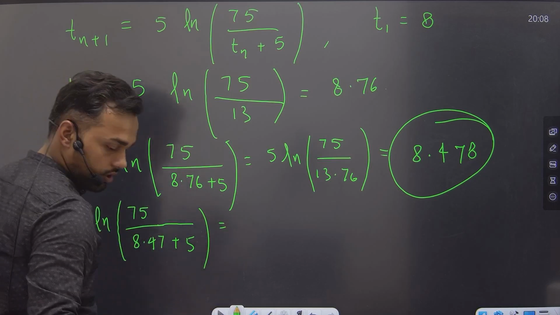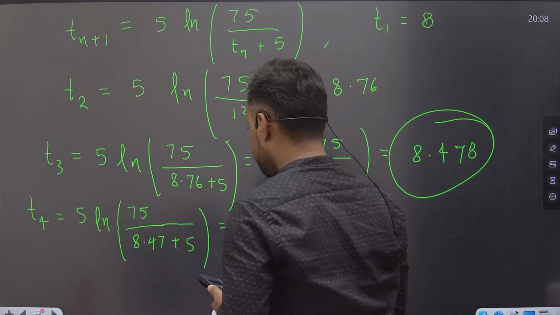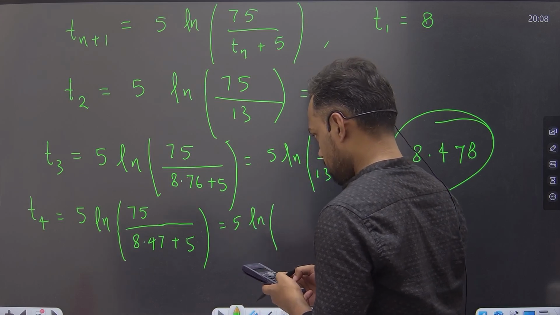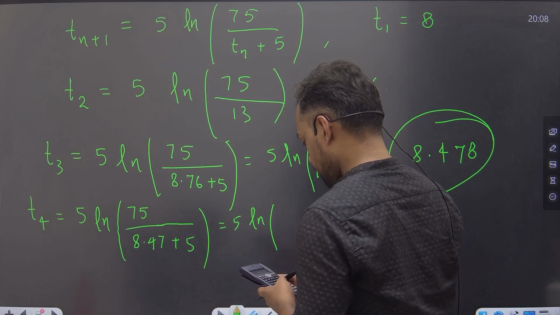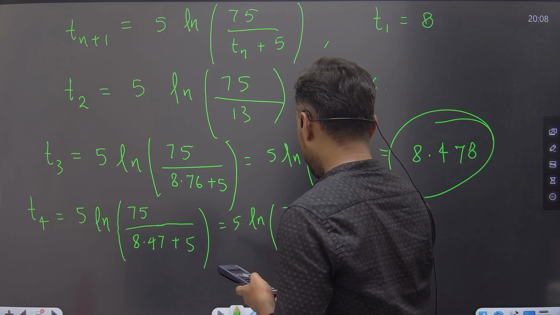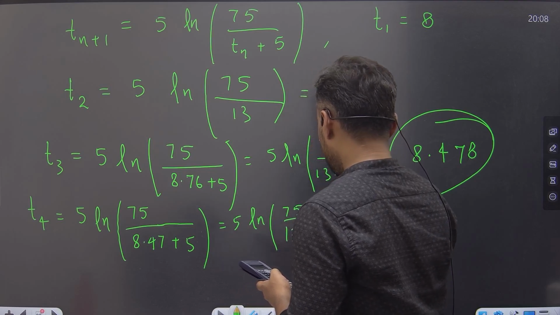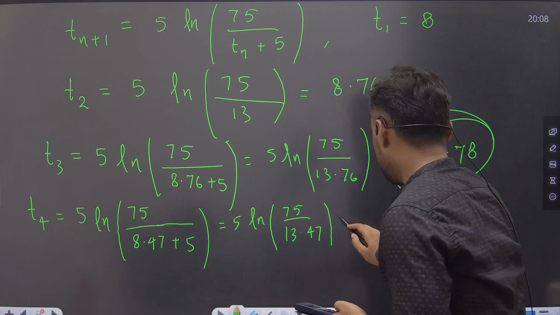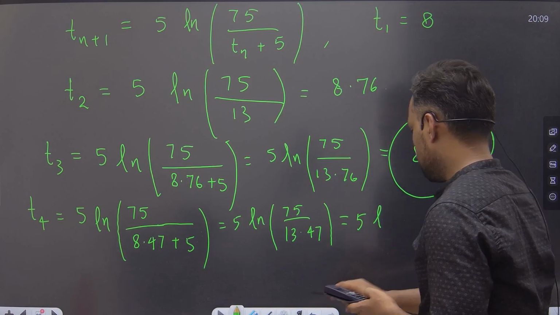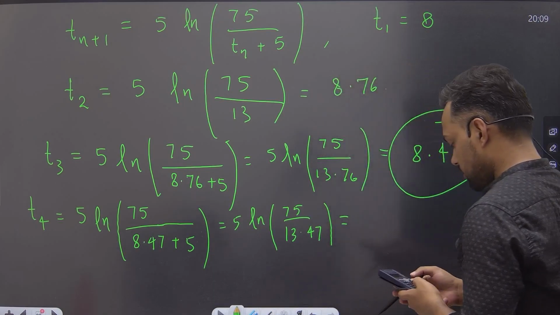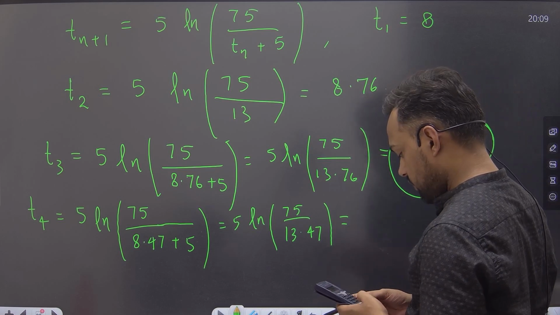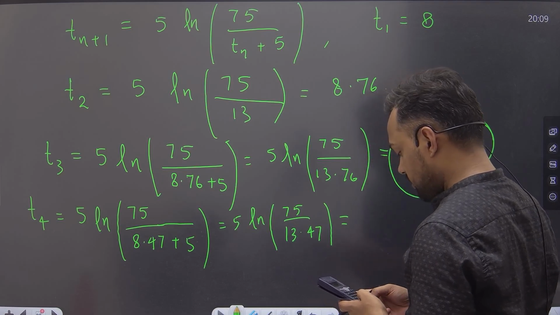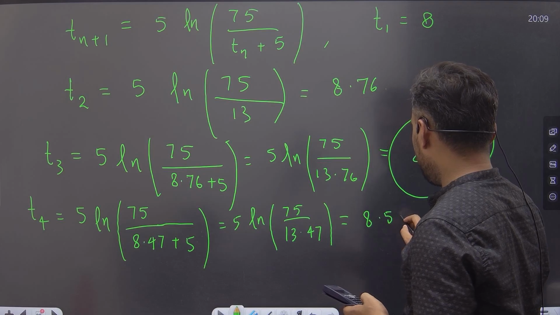So what you will get here, student, is 5 times ln(75/13.47), that is equal to 1.717, times 5, so it will be 8.58.